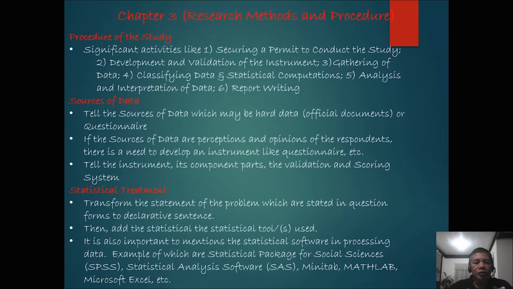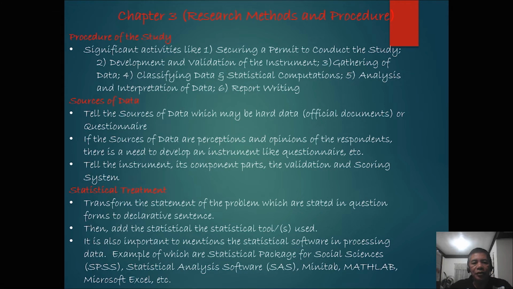Another is the procedure of this study. This is one thing that we need to discuss comprehensively. Discuss the significant activities. And actually, the significant activities are reflected in the Gantt chart, which is also appended.